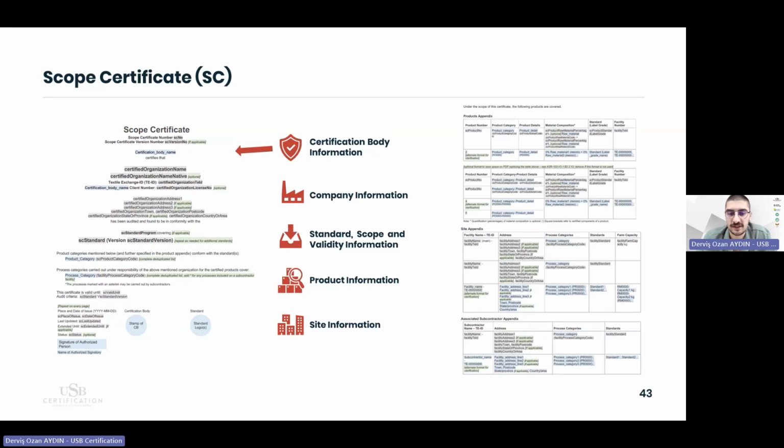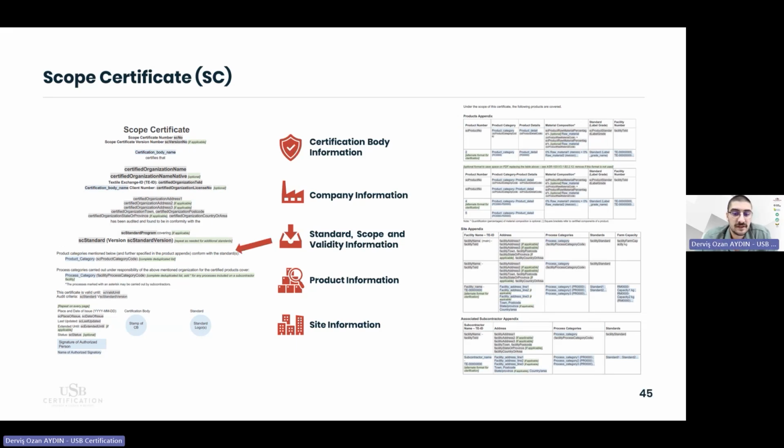About company information, as I just said, the company name and address, and if it's a Textile Exchange standard, the TE ID of the company have to be mentioned in the scope certificates.